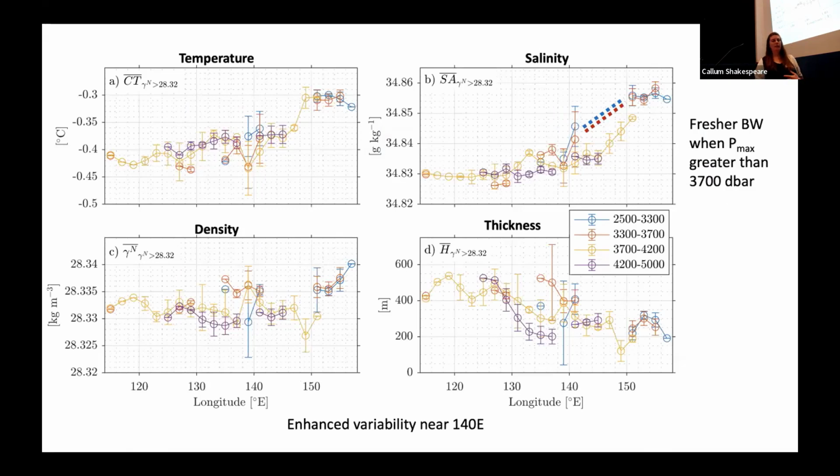So now we're looking at a slightly denser bottom water, neutral densities greater than 28.32, and we're looking along the slope.